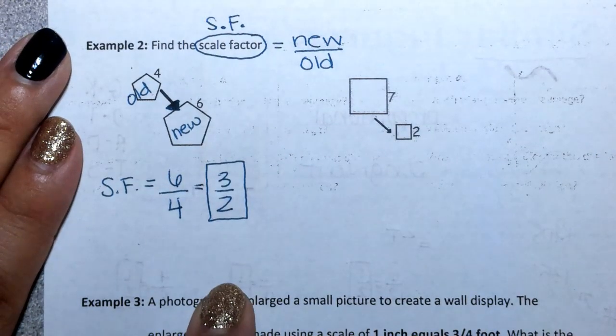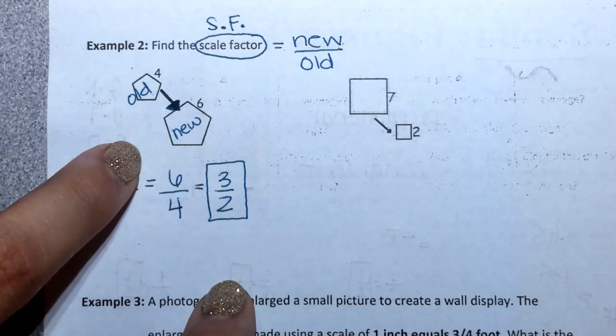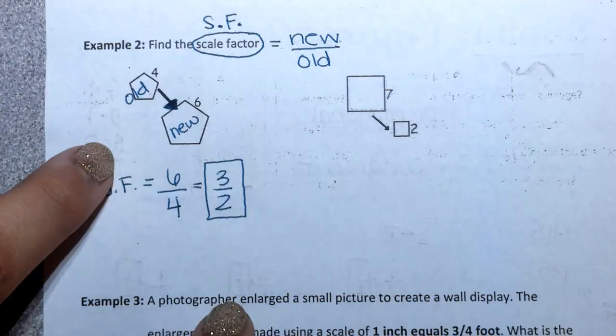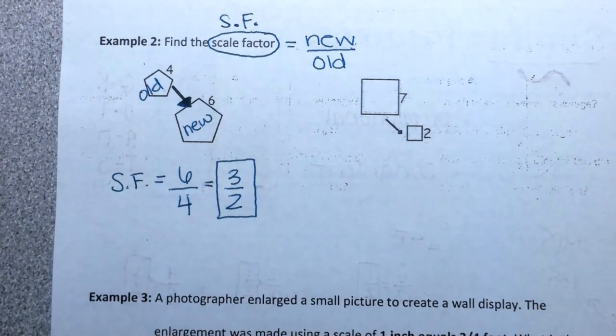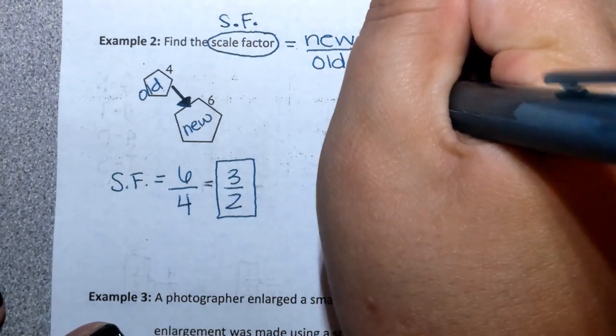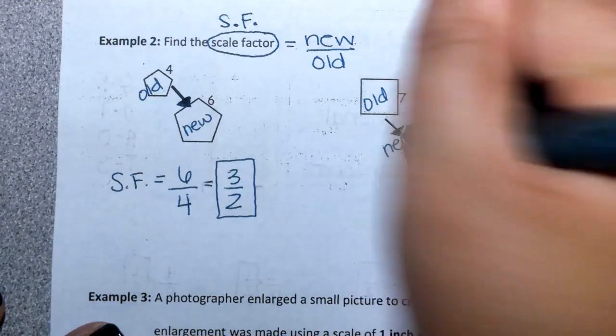Is 3 over 2 an enlargement or a reduction? Did that actually enlarge? Then you probably got it right. Sometimes y'all mix them up, so make sure it makes sense. 3 over 2 is bigger than 1, so it's an enlargement. All right, what about the next one? What is my old? What is my new? 7 is old. 2 is new. Why? The arrow.